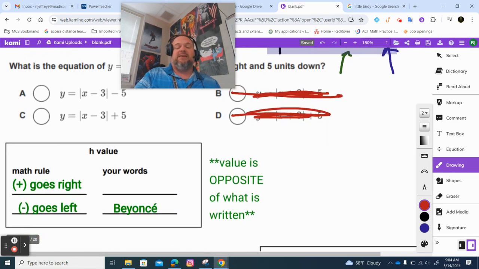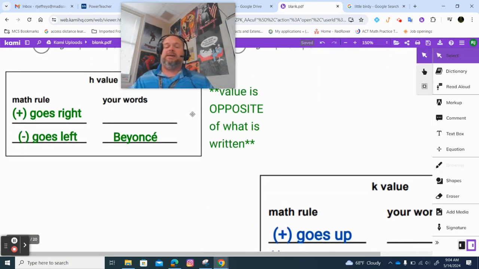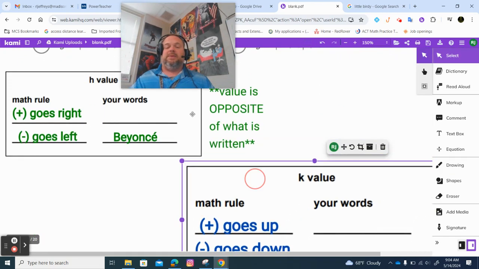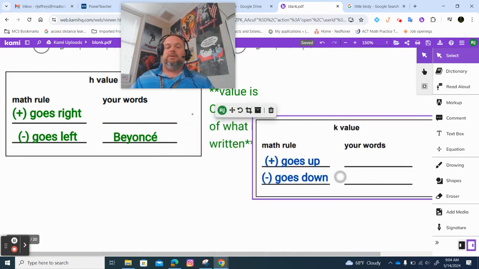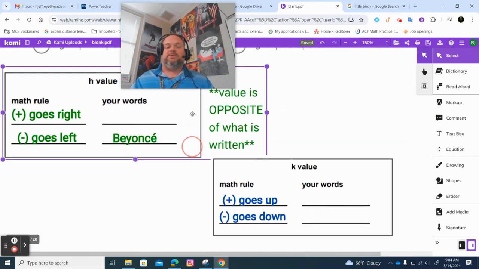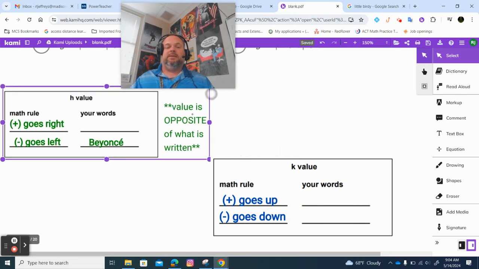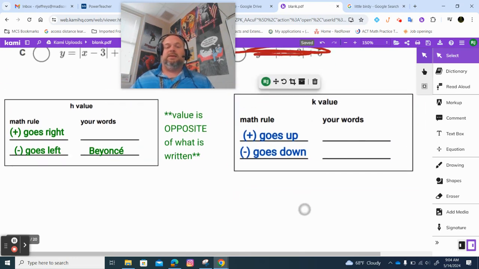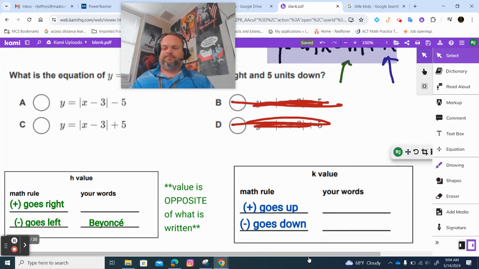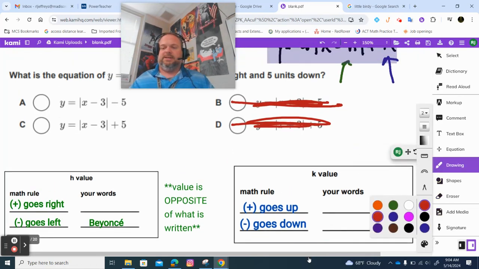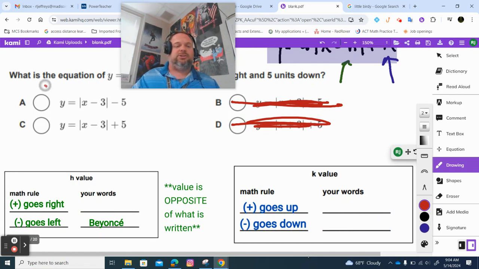All right, then it says 5 units down, well, K, you know, that's our math rule. Positive goes up, negative goes down. Okay, so it would actually be this one.